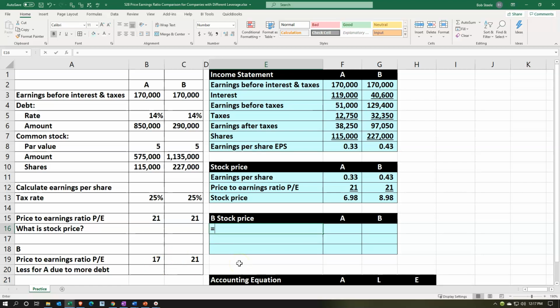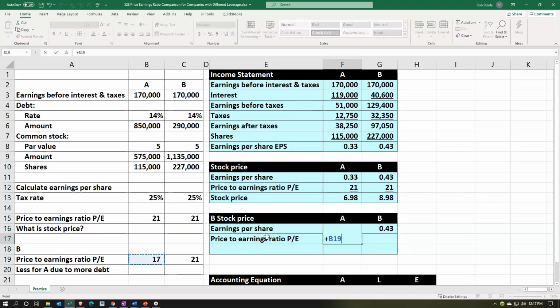So we'll do the same thing here. We're going to say, all right, well, if the earnings per share started off at the 33 and the 43 cents, and we highlight or select those two, home tab, numbers group, add a couple decimals, then the PE ratio is now going to be 17 and 21 to give us the stock price, which is going to be equal to the 0.33 times the 17 and equal to the 0.43 times the 21.